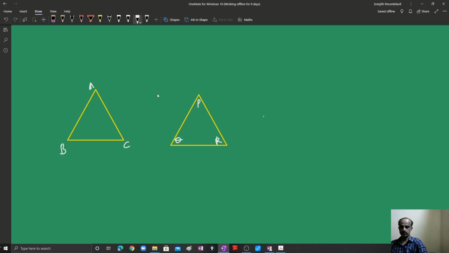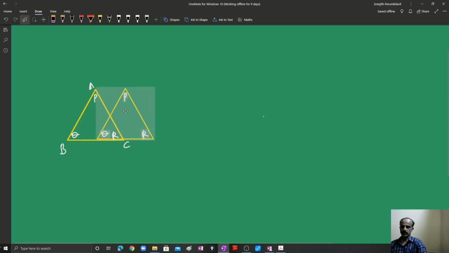How do we compare these two triangles, triangle ABC and triangle PQR? Suppose I take this triangle and place it on triangle ABC. What happens? One is superimposed exactly on the other. I'm just placing it once again over the other. Exactly, it superimposes. Can you see that?